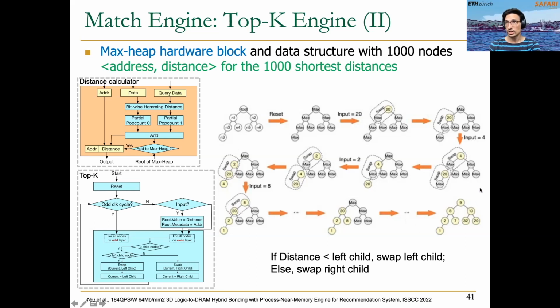A few cycles later, after receiving a few more inputs, this tree will look like this more or less. On the left-hand side, we have the smallest distances, while on the right-hand side, the right children, we have the larger distances. But in the end, this data structure will contain the 1,000 shortest distances that the match engine has found.